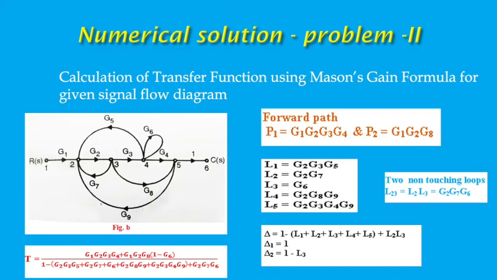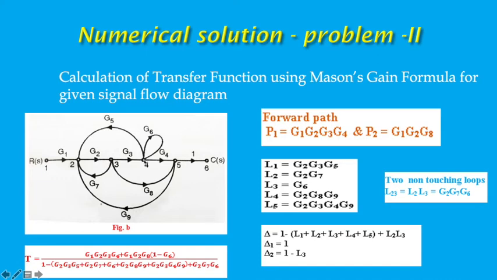Then find loops. Here loop 1 is G2, G3 into G5. Then loop 2 is G2, G7. Then loop 3 is G6.